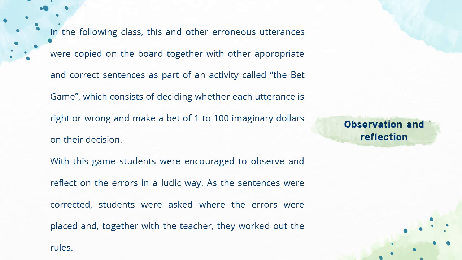With this game, students were encouraged to observe and reflect on the errors in a logical way. As the sentences were corrected, students were asked where the errors were placed, and together with the teacher, they worked out the rules.